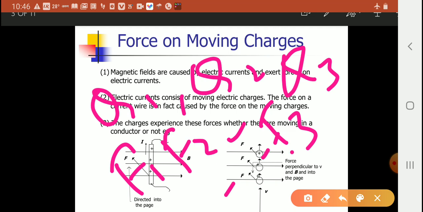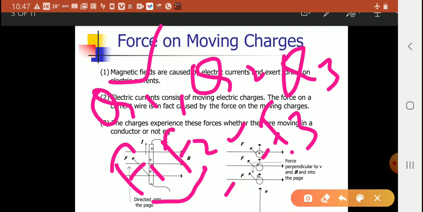Then to find the resulting force on Q1, we will apply the principle of superposition. That means we calculate F1 plus F2 plus F3, the total force. In words, the resultant force on any one charge is the sum of the individual forces due to the respective charges.